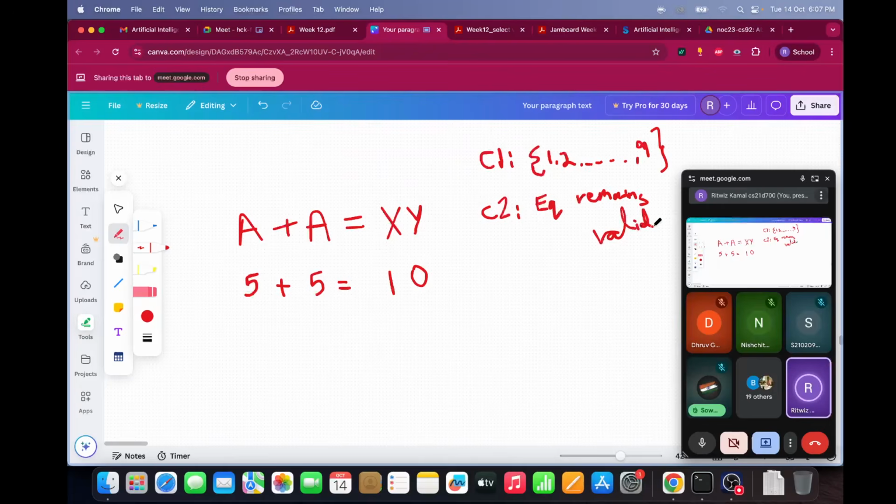Another constraint is that no two alphabets can be assigned the same number.